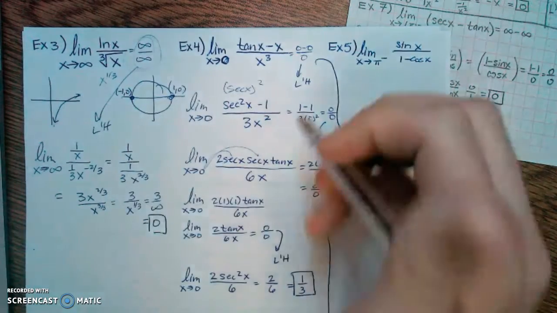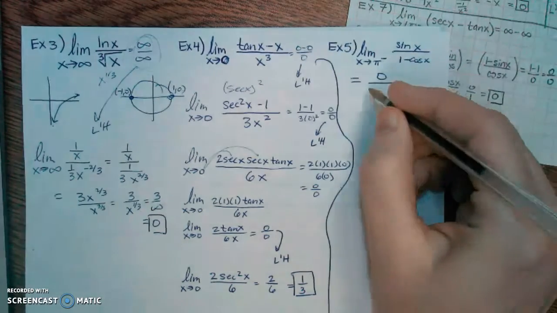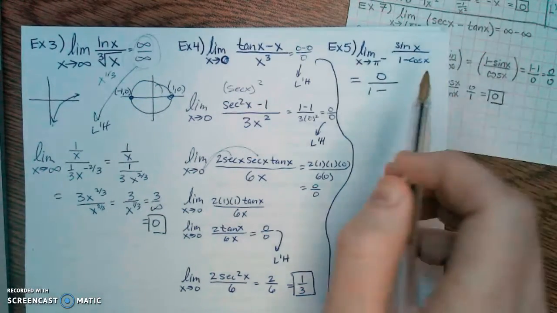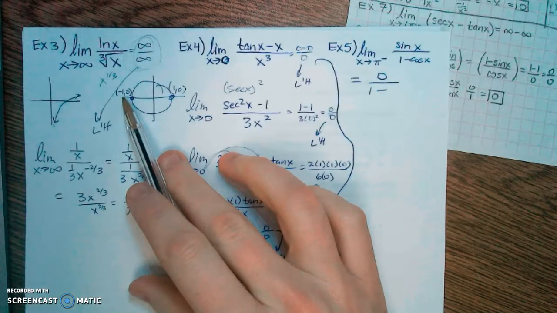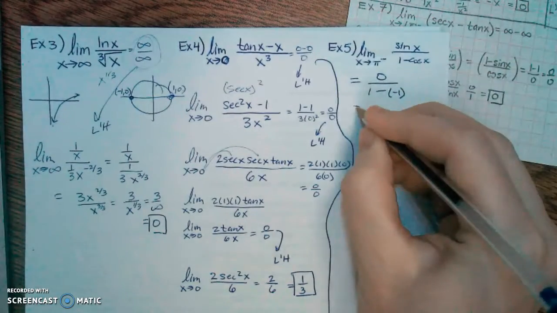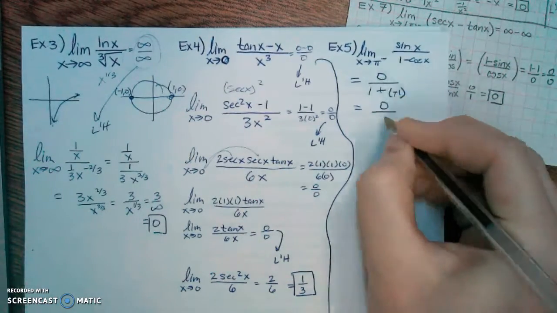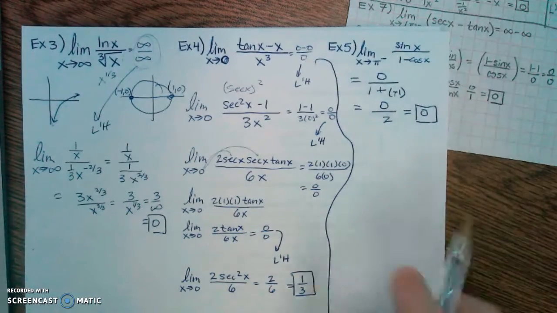So we put 0 up there. And then 1 minus cosine at pi is negative 1. So we plug in negative 1. We get 0 over 2, which is 0. So L'Hopital wasn't even needed. We can get an answer.